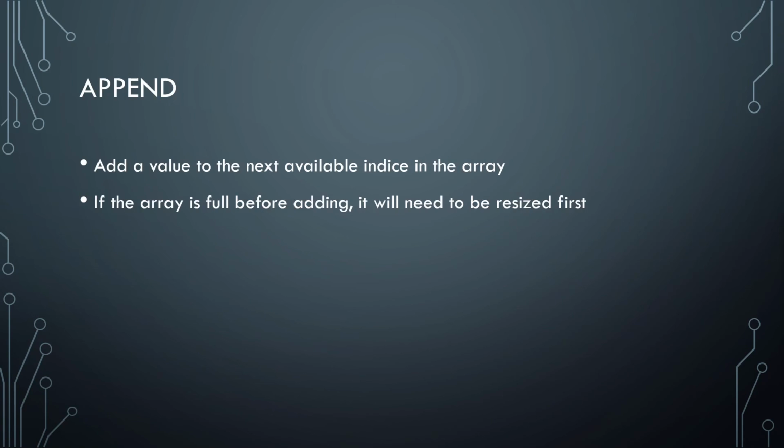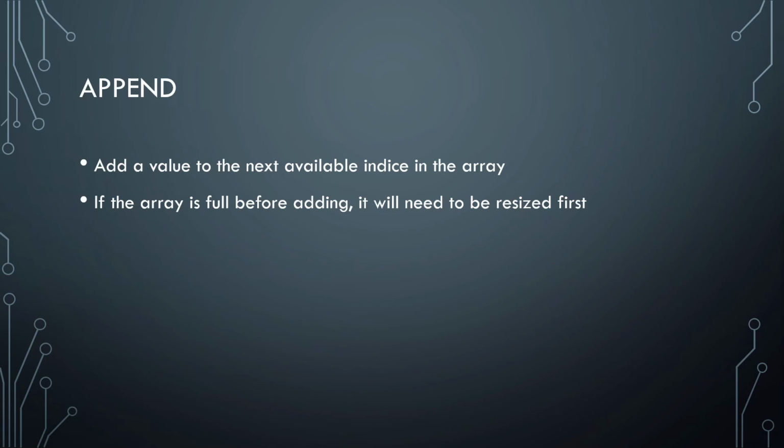And finally, the last method that we're going to talk about here is append. This is going to be similar to push back, where we're going to add in a value, a piece of data, whatever we're storing, into the next available index in the array.